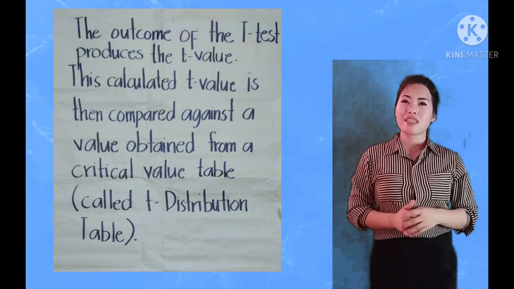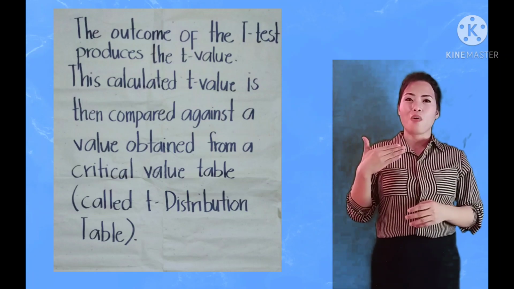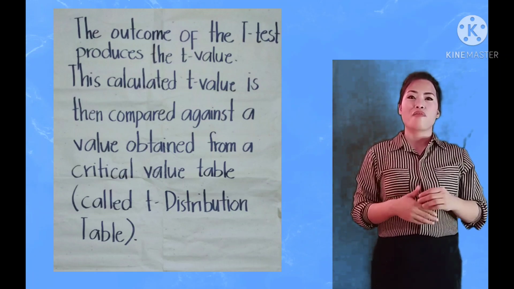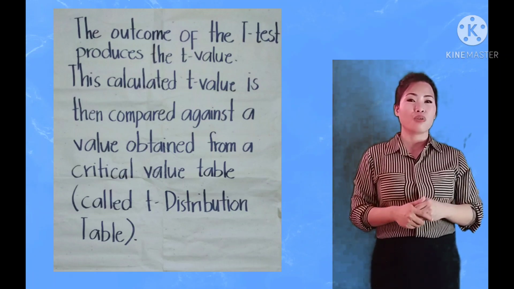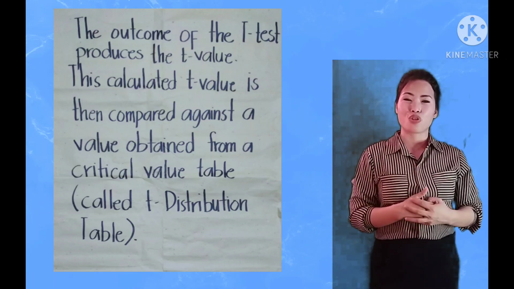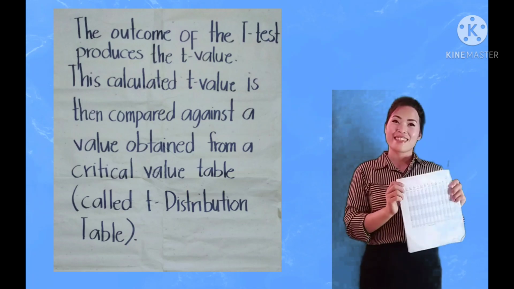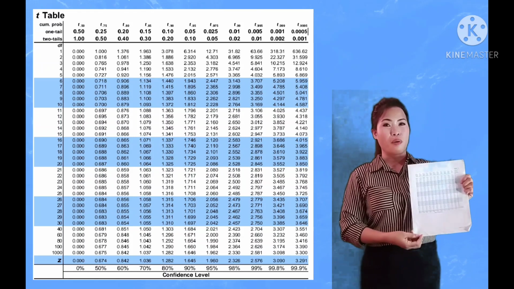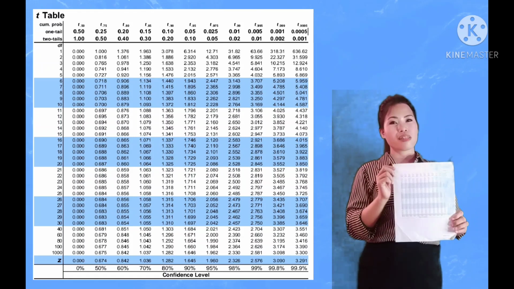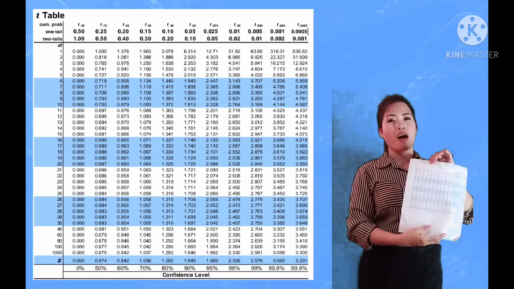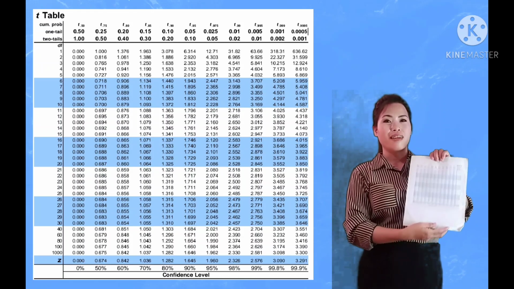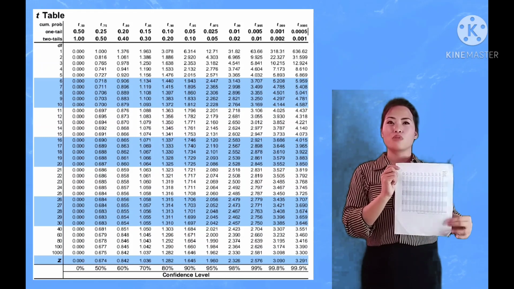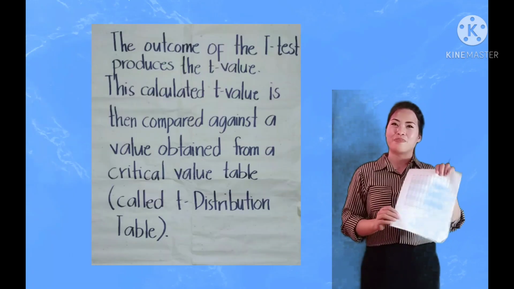This computed t-value is then compared against a value from a critical value table, or the t-distribution table, also called the t-table. Later we're going to use this to get our t-critical value. I'm going to show you how to use this t-table.